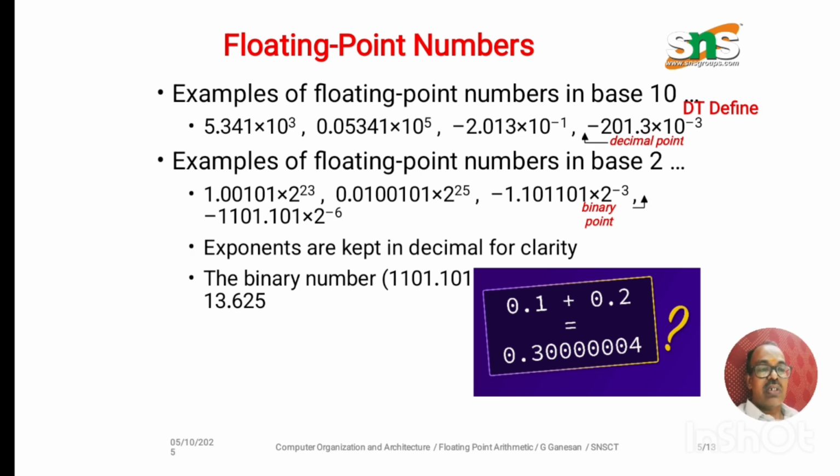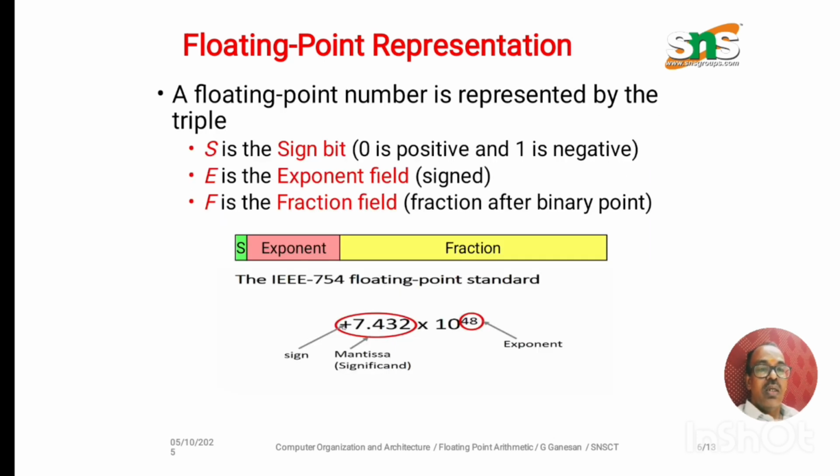How to represent a floating point number? Any floating point number is written with three parts: sign part, exponent part, then the significant part after the one. The first part is the sign bit.